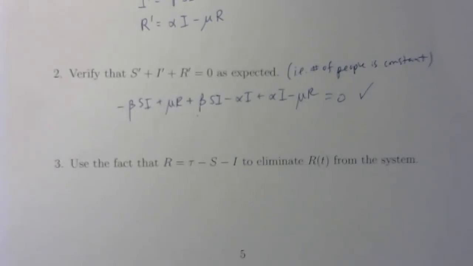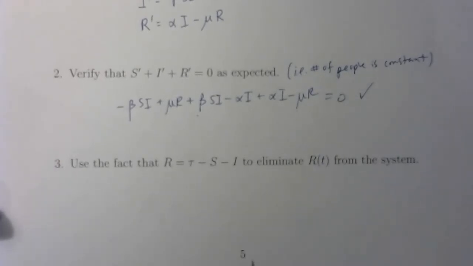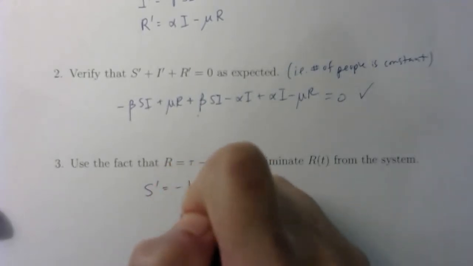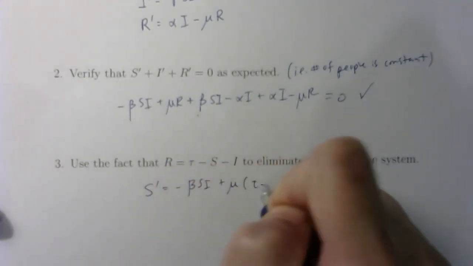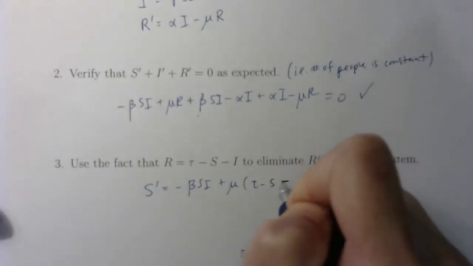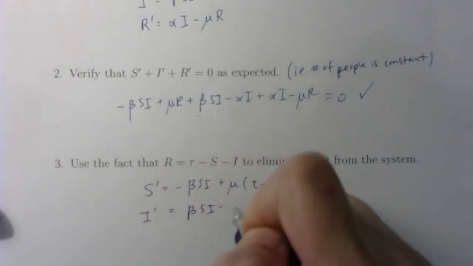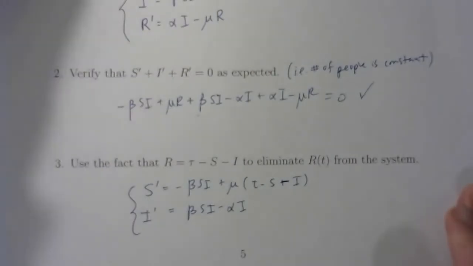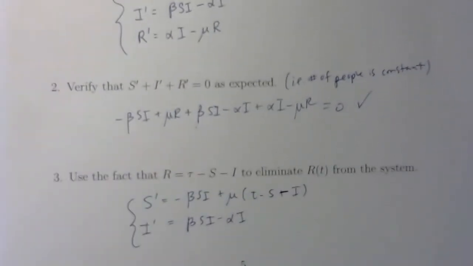Let's get rid of R by noticing that R is tau minus S minus I. So the first equation becomes S prime is minus beta SI plus mu times (tau minus S minus I). The second equation never had an R, so it's just I prime is beta SI minus alpha I. So we went from these three equations upstairs to these two equations downstairs.